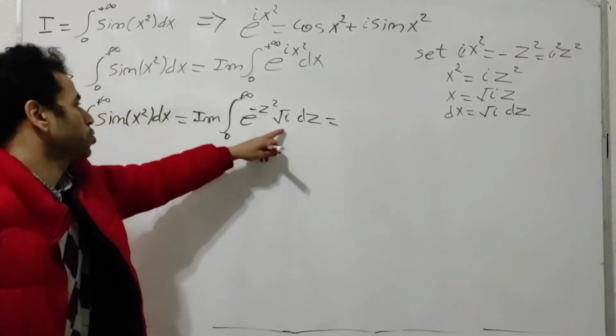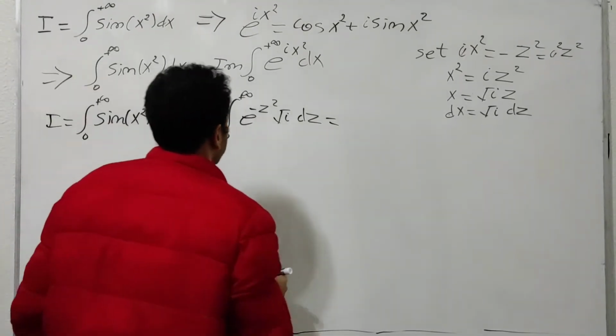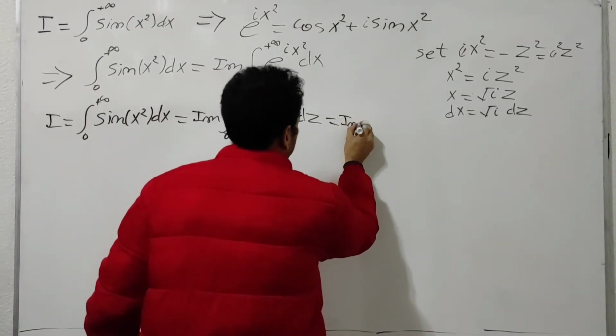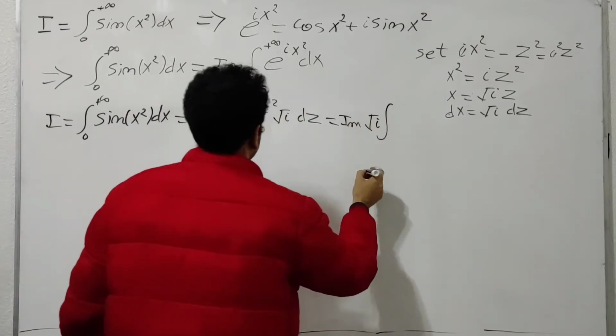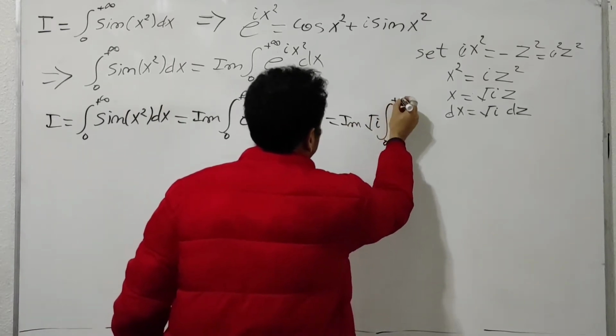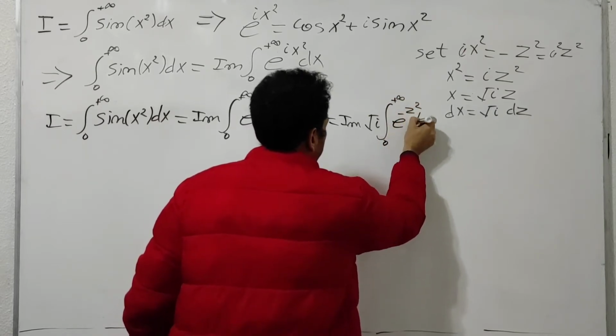I'm going to take this square root of i outside of this integral because it's considered a constant. I will get the imaginary part of this number multiplied by this integral from 0 to plus infinity of e to the minus z squared dz.